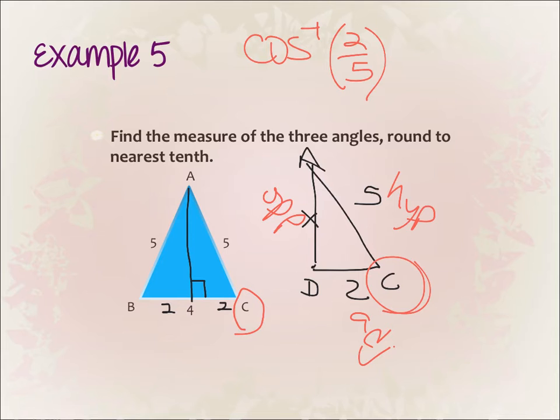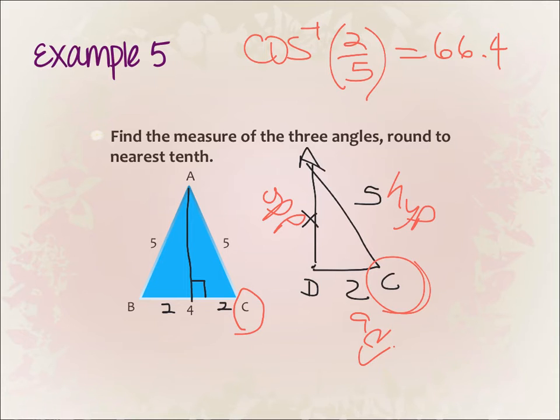And you should get 66, and we're going to round to the tenth, so 66.4. Does that make sense? Yeah.